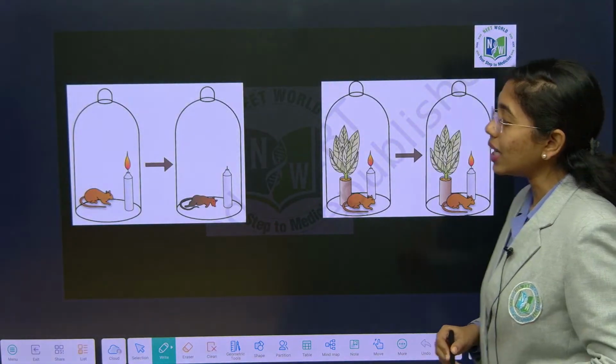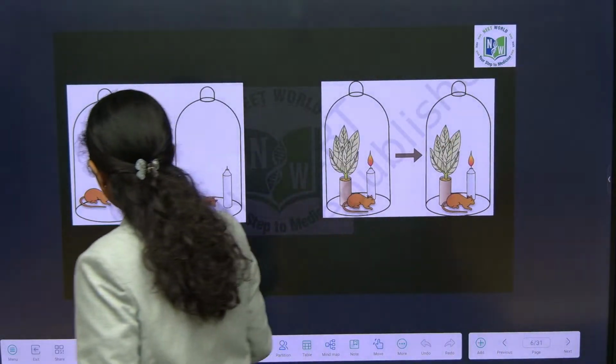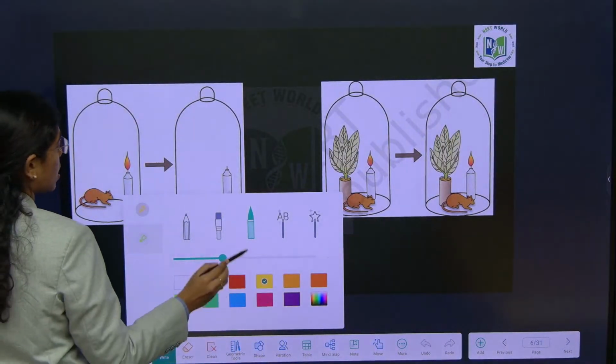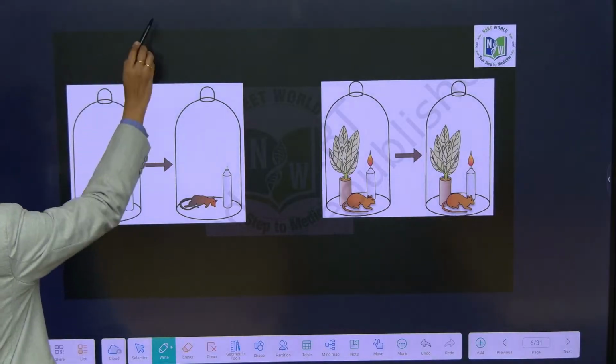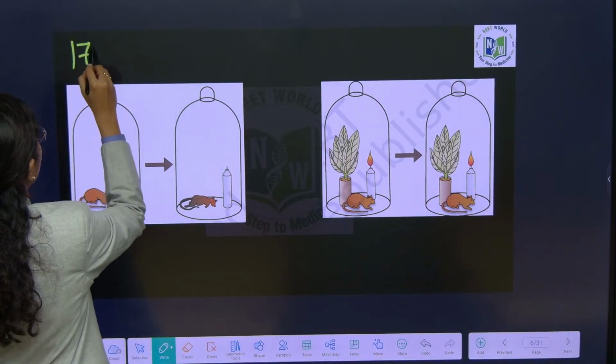Next, the discovery of oxygen. Oxygen was discovered by Joseph Priestley in the year 1774.